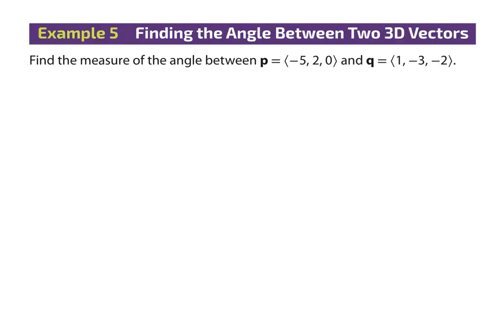So if you look at this, find the measure between the angles. If I want to find that dot product, I'm going to just do my product and my sum between those 3. So this is going to be exactly the same. I'm going to say, well, the cosine of theta should equal the dot product of these, which is going to be -5 times 1 plus 2 times -3 plus 0 times -2.